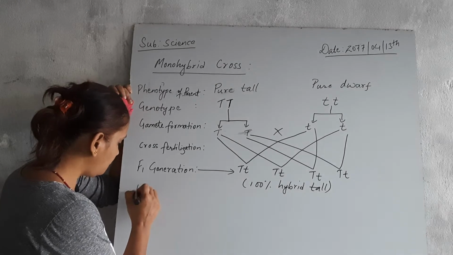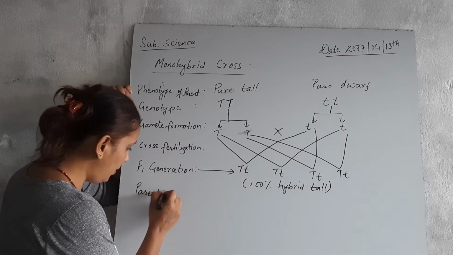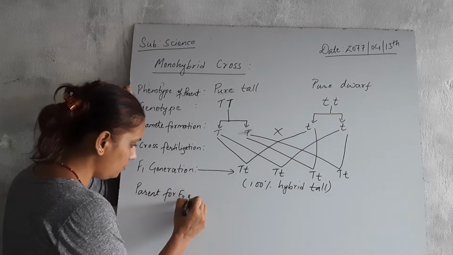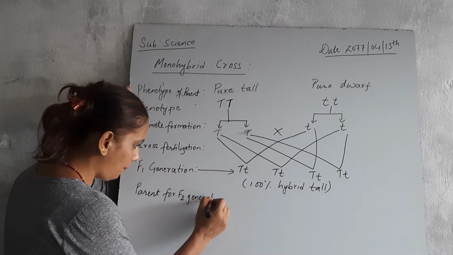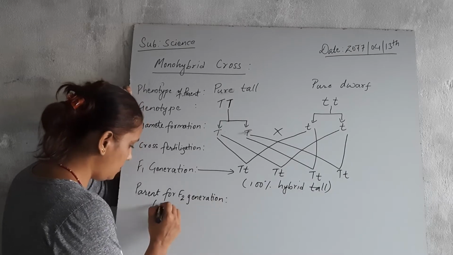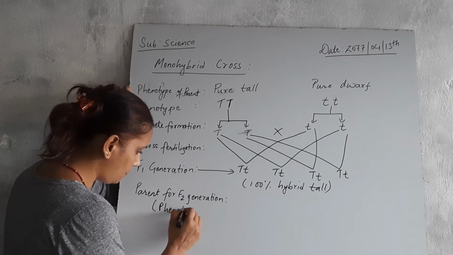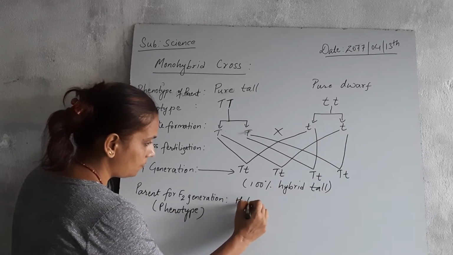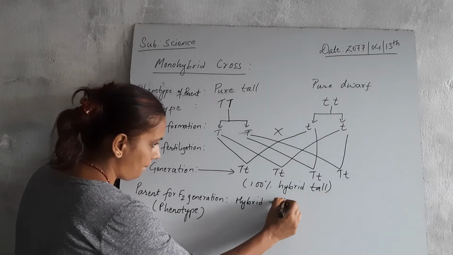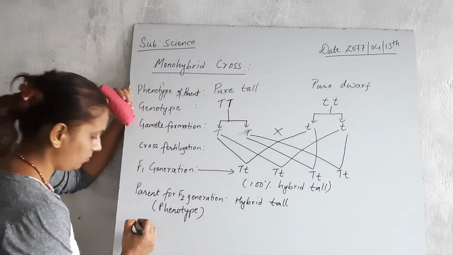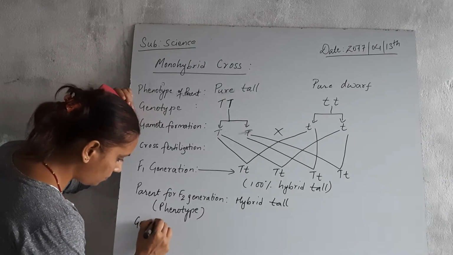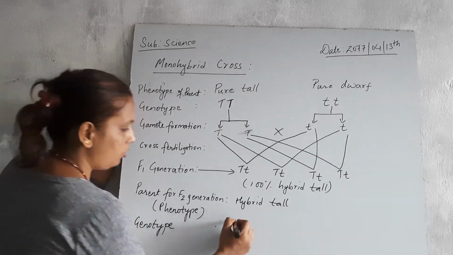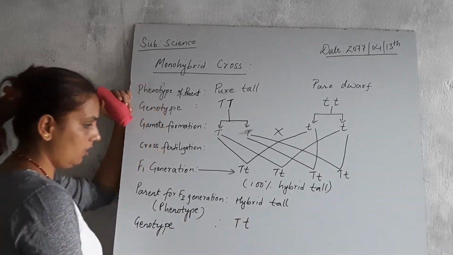Their phenotype will be hybrid tall, and their genotype will be capital T, small t.